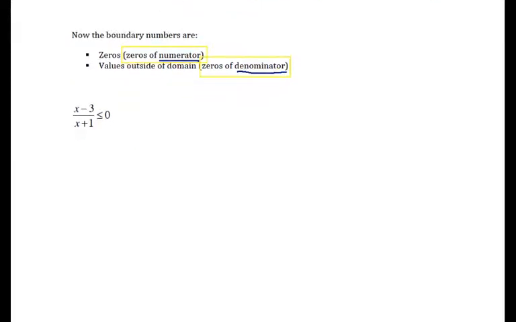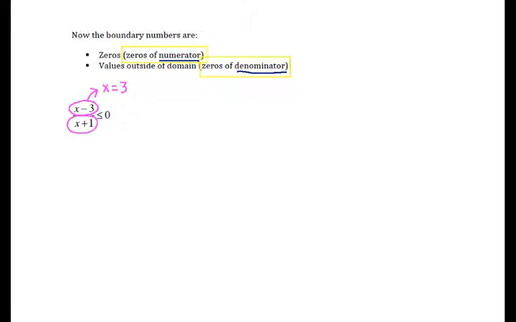So let's go ahead and look at a rational function that's given to us without a graph and follow this process. The boundary numbers are zeros of the numerator and zeros of the denominator. My numerator is x minus 3. That is equal to 0 if x is equal to 3. My denominator is x plus 1.